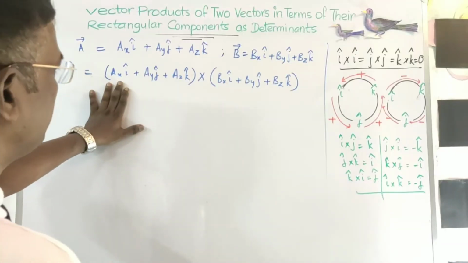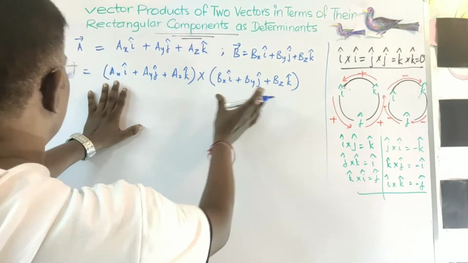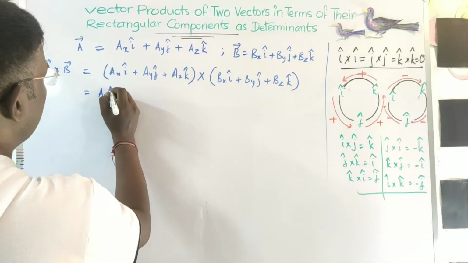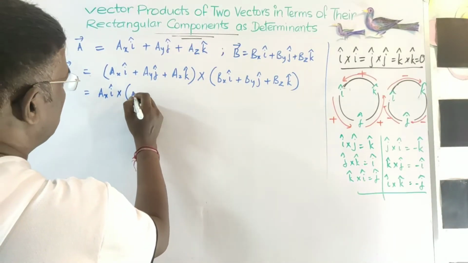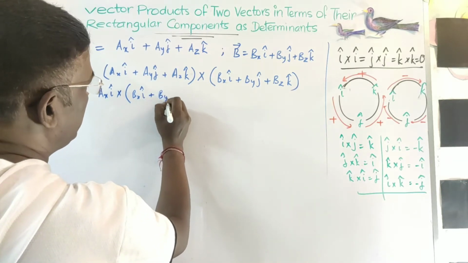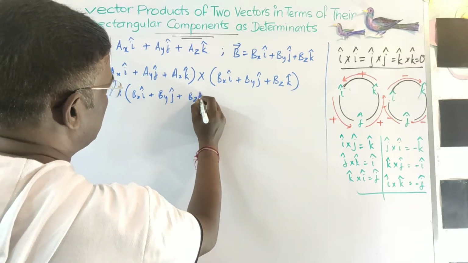Next part, Ax i has to be multiplied with the whole terms here in this bracket, so it will be Ax i cross Bx i plus By j plus Bz k.